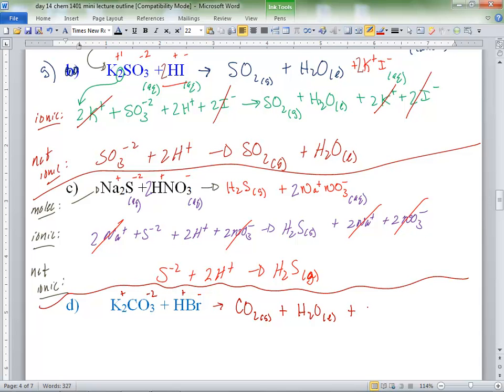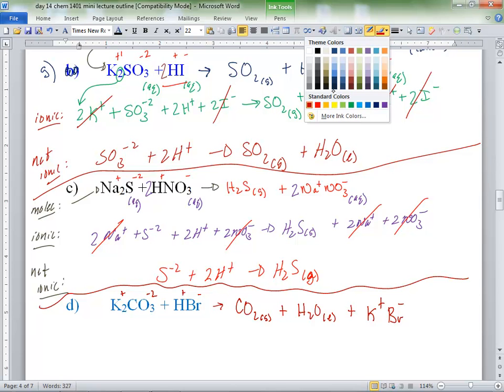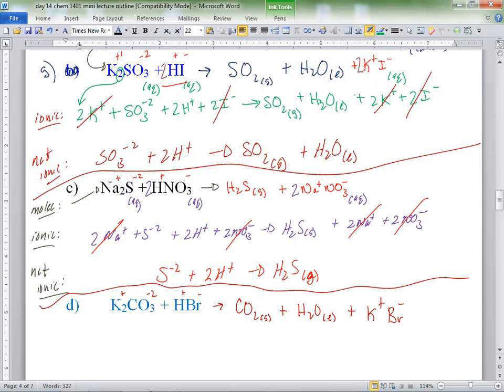So I've got my K plus left and the bromide. All right? I need a 2 here and a 2 there.